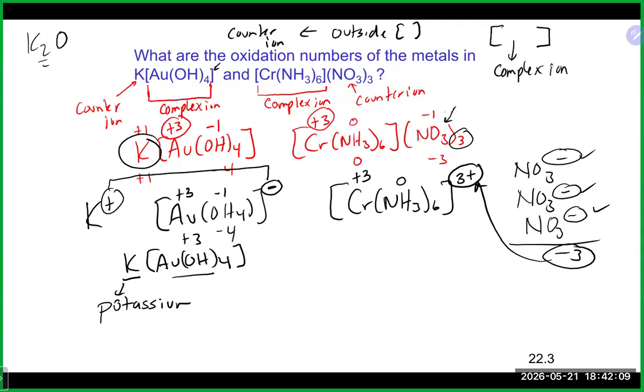We do not use a prefix. So we would still call that top one potassium, and if we happen to have two potassiums on the bottom one, it would still just be called potassium. We don't incorporate any type of prefix on any counter ion name. Now, when we come here, what we see is we have 4 of the OH minuses.